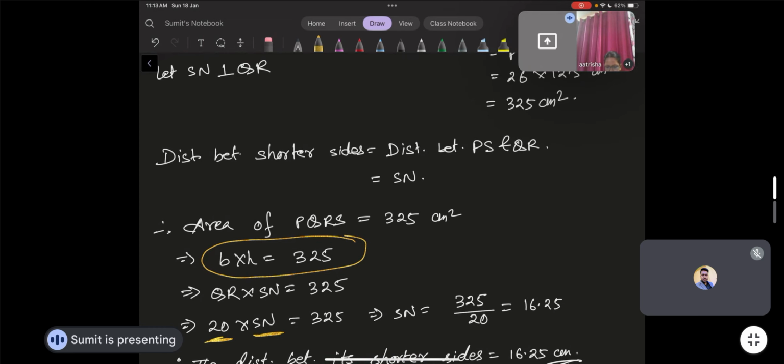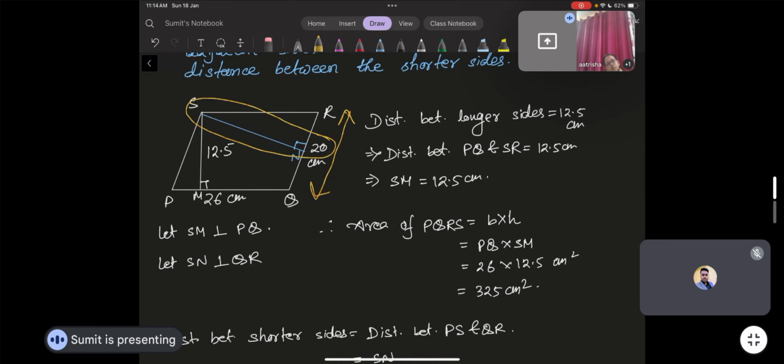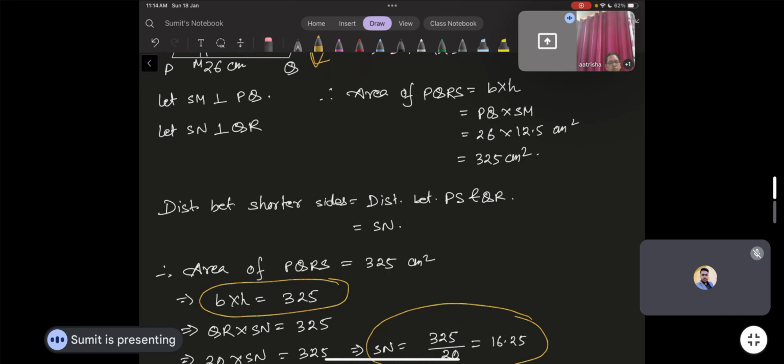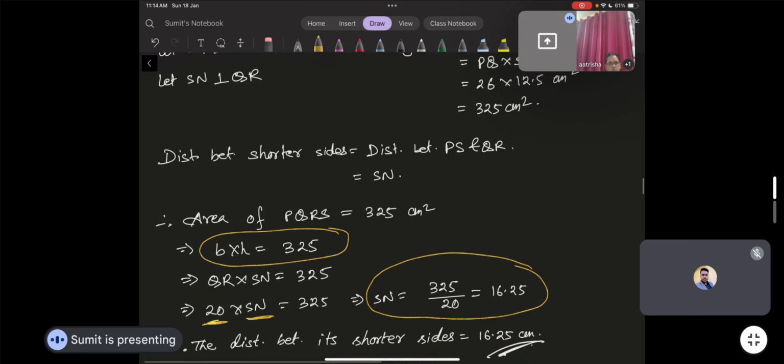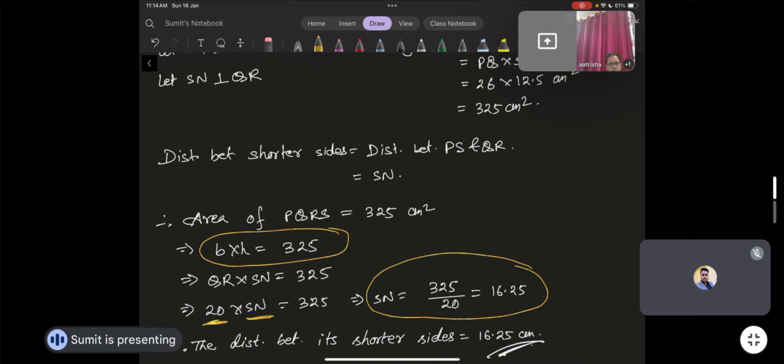From there we can find the value of SN, which gives the distance between the shorter sides. So what we have learned is, if the dimensions are given, first find the area of the parallelogram, and using that area, find the height between the shorter sides using the same process, base into height. Base I will take as the shorter side to get the distance between the shorter sides.